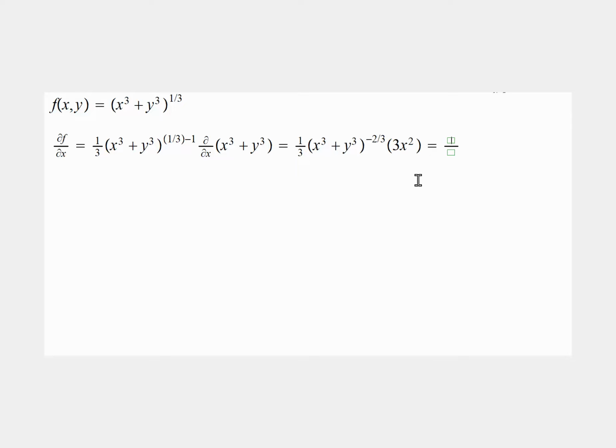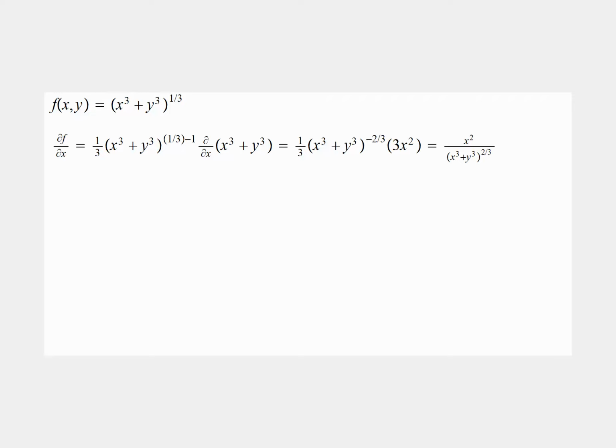The 3's cancel here, so this is going to be simply x squared, and then we can bring the quantity downstairs, and the power will just change its sign. Now notice this.